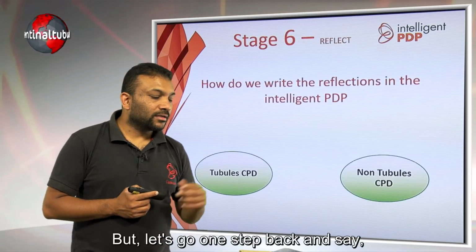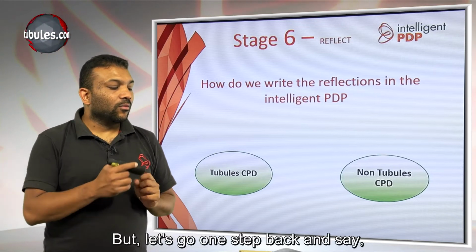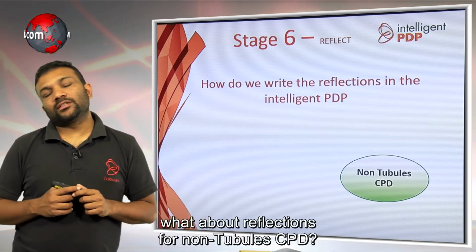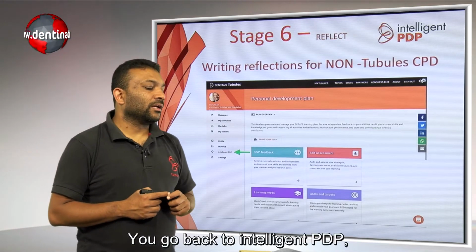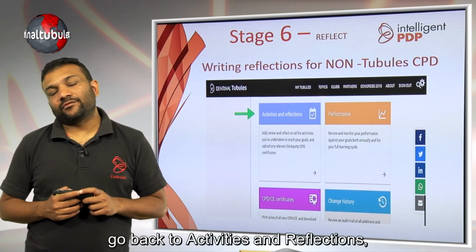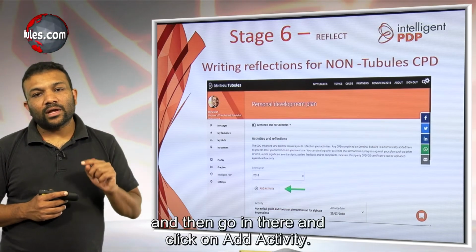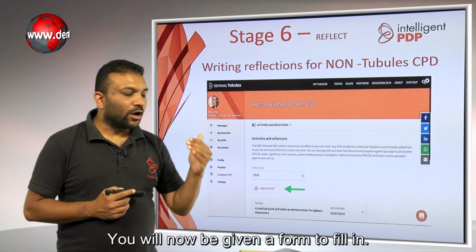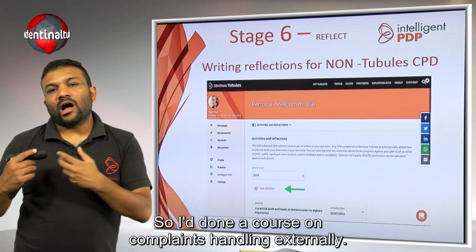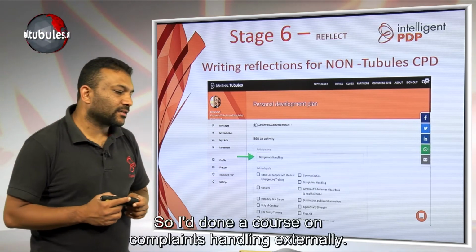But let's go one step back and say, what about reflections for non-tubule CPD? You go back to your intelligent PDP, go back to activities and reflections, and then go in there and click on add activity. You will now be given a form to fill in. So I'd done a course on complaints handling externally.